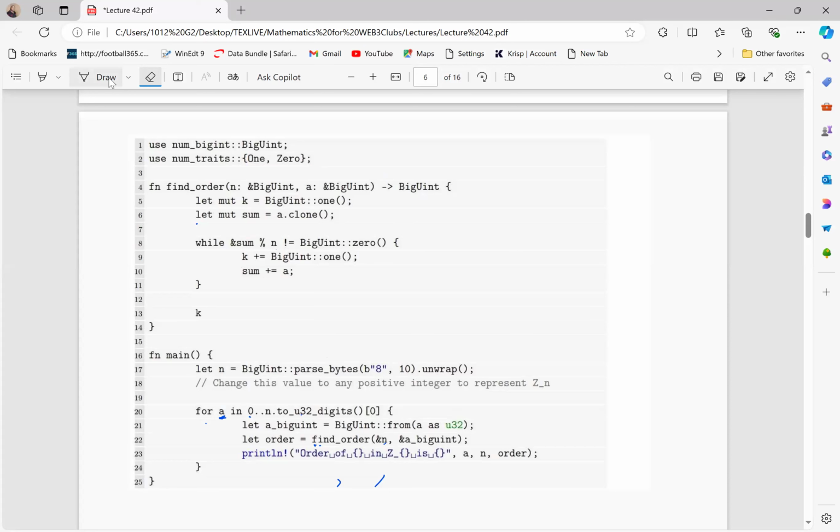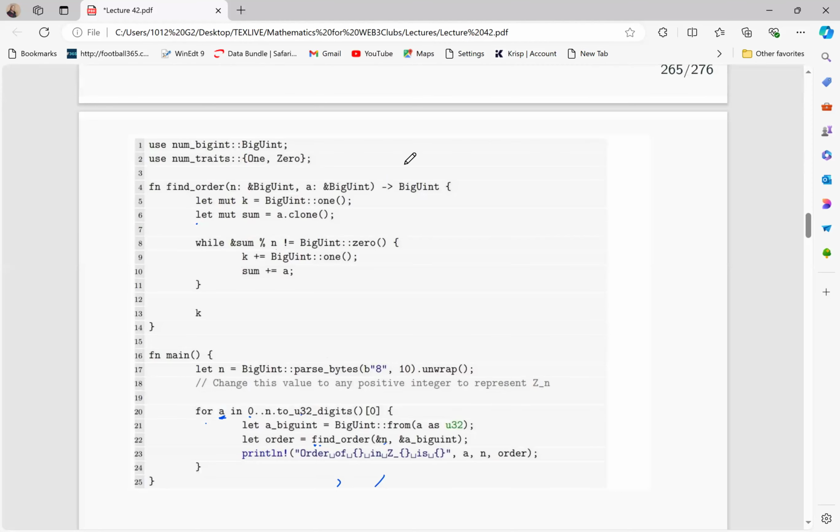No, let me use 6 and 8, because with 3 and 8, I'll go up to 8 times. My A is 6. My N is 8. Now, let's begin from here.